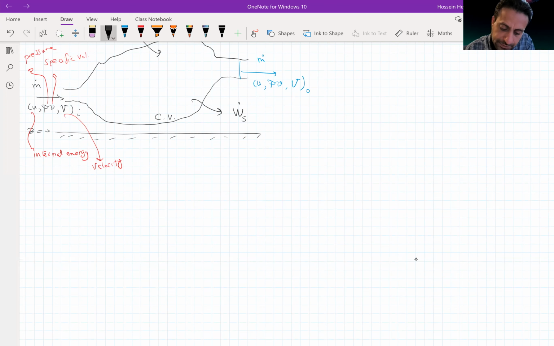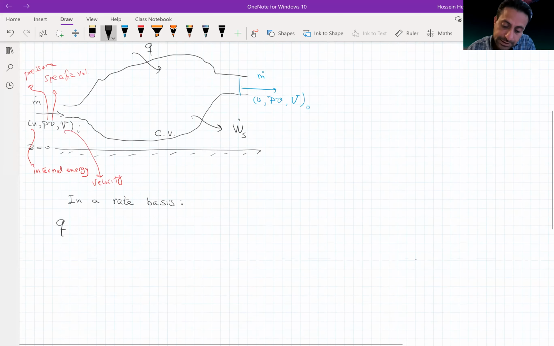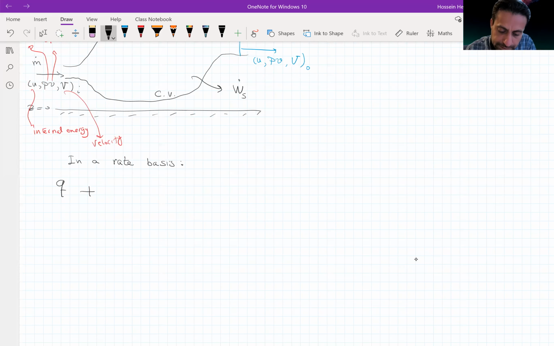If I write the conservation, what we have here is that we are giving some energy in the form of heat, Q, plus, I'm specifying one form of inlet for energy, but it could have multiple.